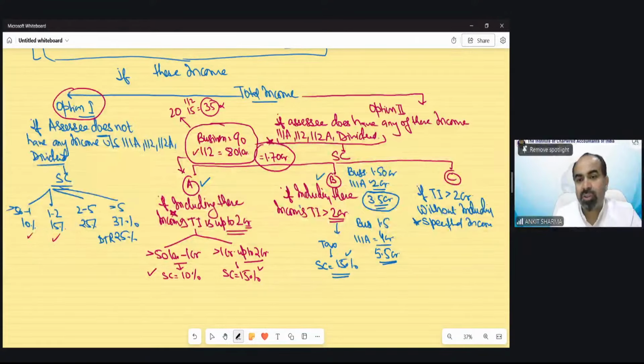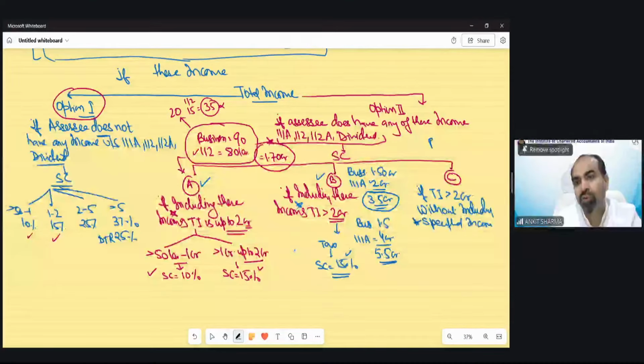Understood? Like in case A, your income is up to 2 crore after including these incomes. In case B, your income is exceeding 2 crore after including these incomes. But even without including these incomes in the question, your normal income is exceeding 2 crore. In that case, C case would be applicable.